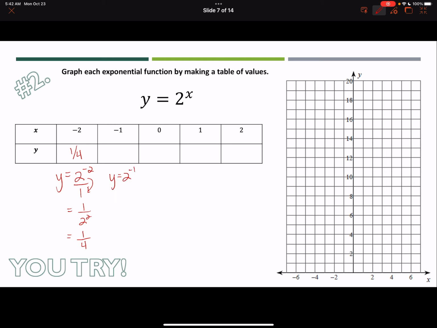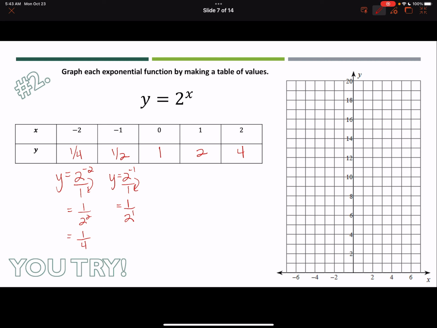When I plug in -1, the 2 flips to the bottom, the 1 becomes positive, this becomes 1/2. When we plug in 0, 2 to the 0 is 1. 2 to the first is just 2, and 2 squared is 4. So these are the values you should have gotten in your table.